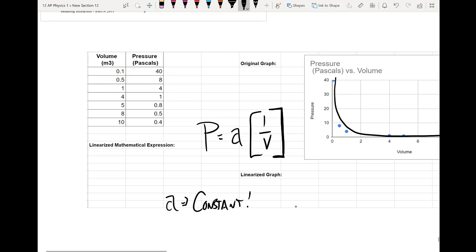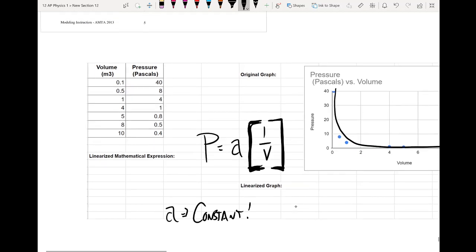I don't know it, but my whole point of doing this is so I can find A pretty easily. So I can say P is equal to A times this 1 over V. And I can identify this as an inverse function.